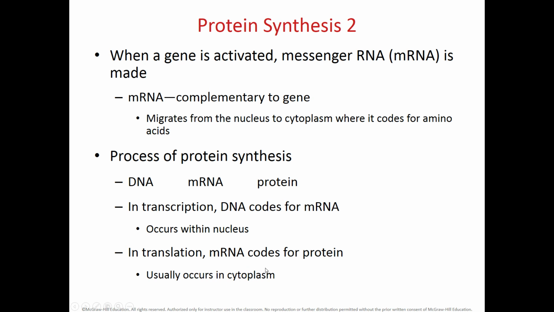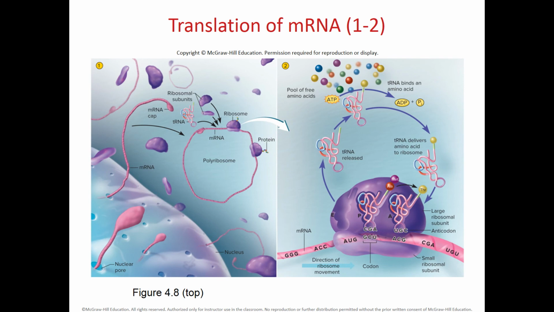And it happens in the cytoplasm, either in free floating ribosomes or in ribosomes attached to the rough ER or the nuclear membrane. So this is how this messenger RNA is exiting the nucleus, through the nuclear pores, as you can see.